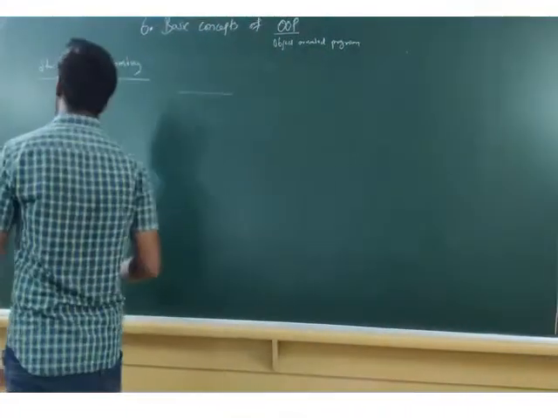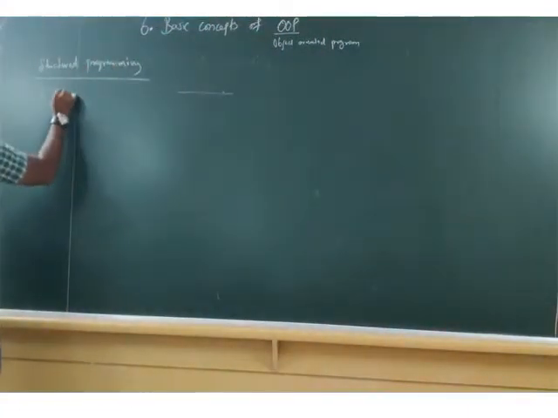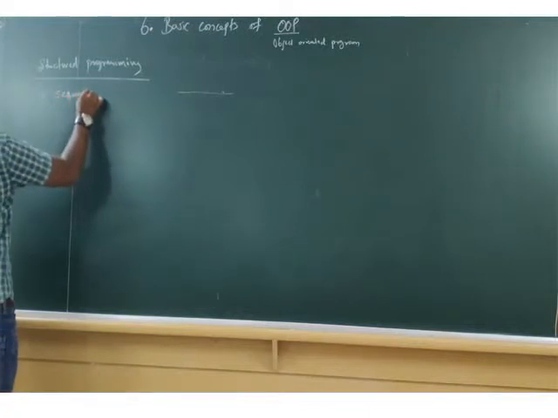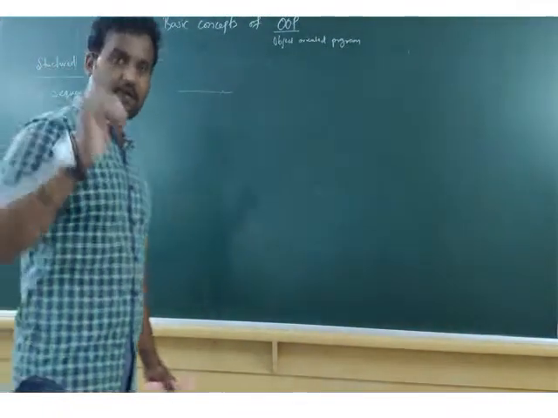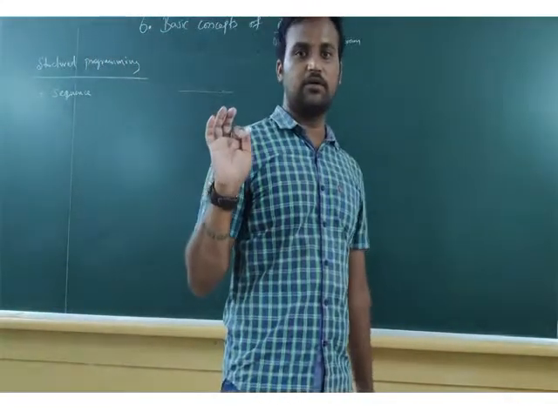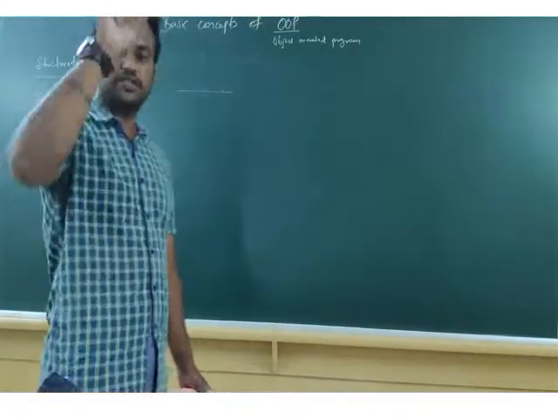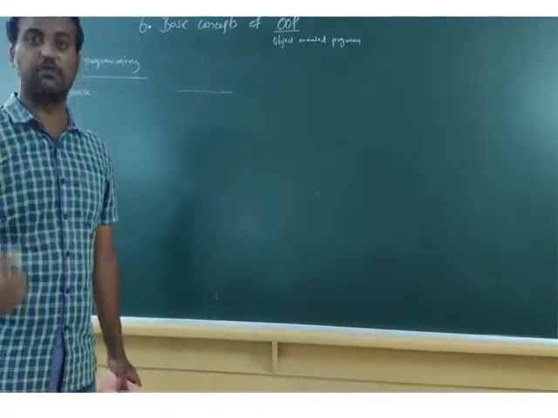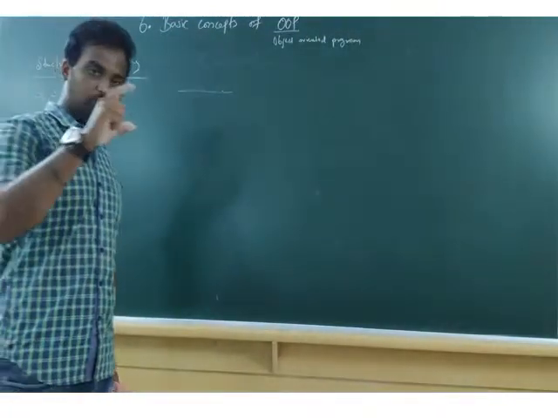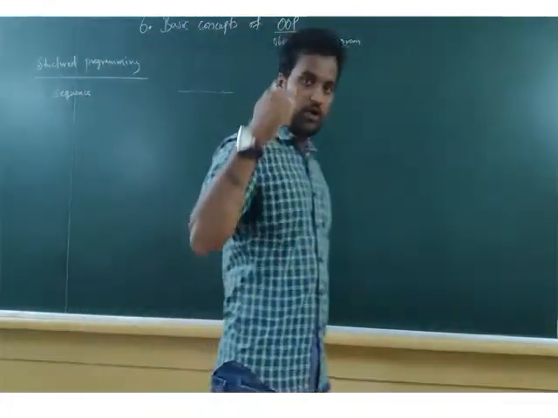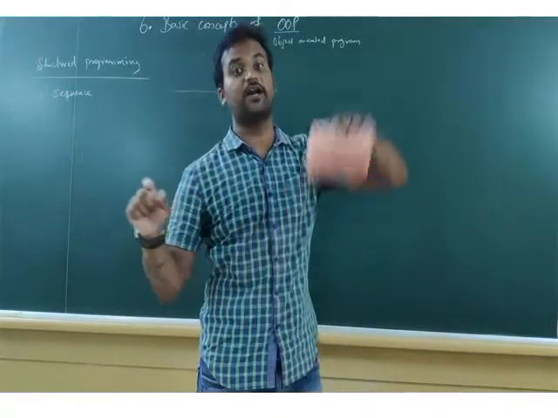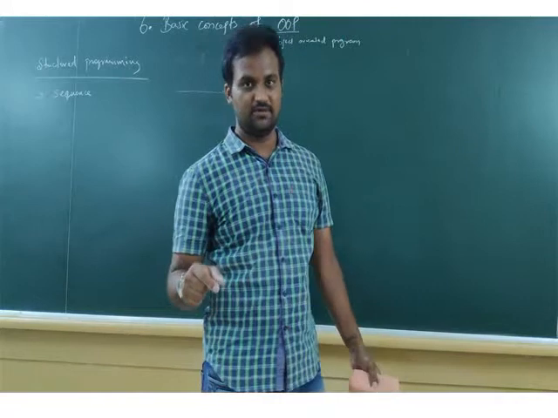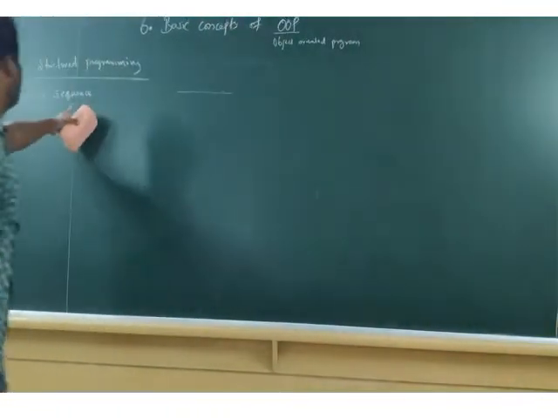First, we have to write in sequence. Sequence means line by line, step by step. You cannot write functions at the beginning which you want to execute later. If you want to write any function to be executed later, you have to write it at the end only. You cannot write it at the beginning. That is the meaning of sequence.